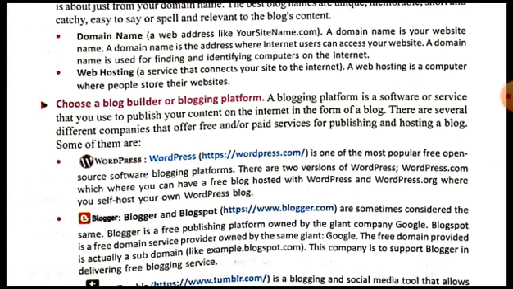There are two versions of WordPress: WordPress.com, where you can have a free blog hosted with WordPress, and WordPress.org, where you self-host your own WordPress blog. On WordPress.com, you can create a free blog hosted there, and on WordPress.org, you can self-host your own WordPress blog.